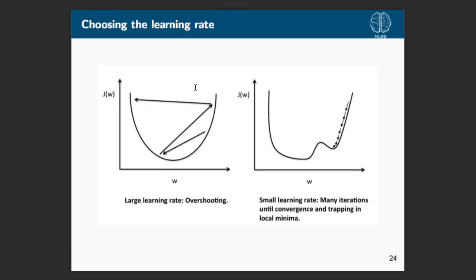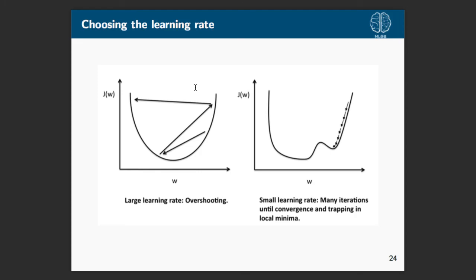As I talked about, choosing a learning rate. For example, if we have too big of a learning rate, we can start to overshoot. Say we start here, and then suppose our next step in gradient descent takes us over here. What is our optimization algorithm thinking right now?